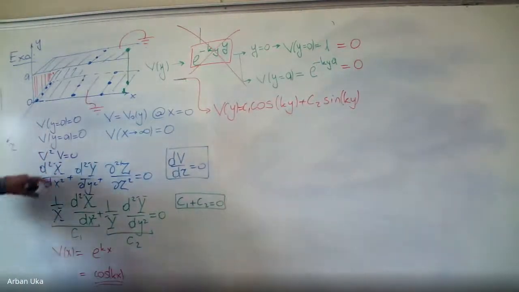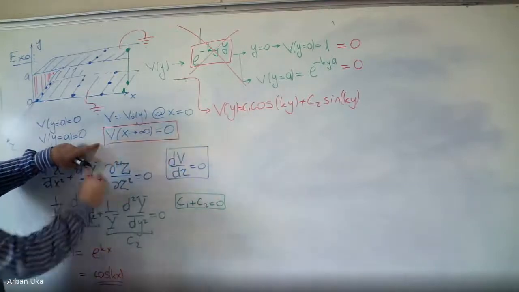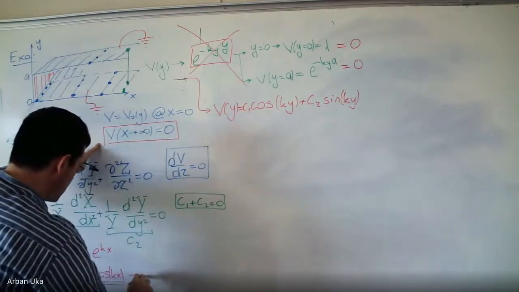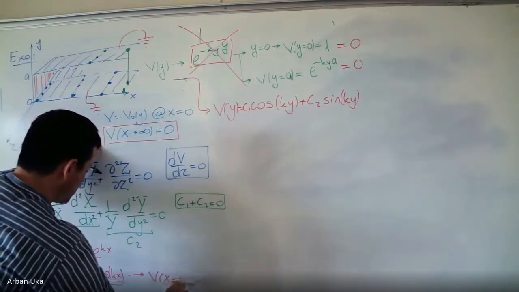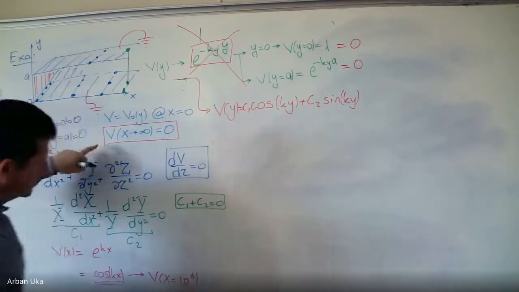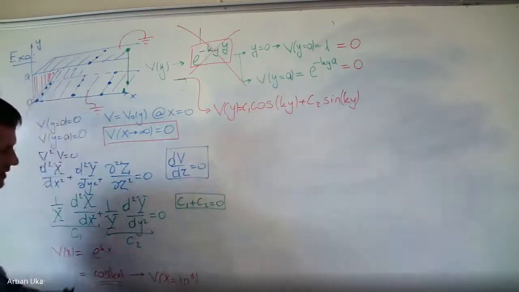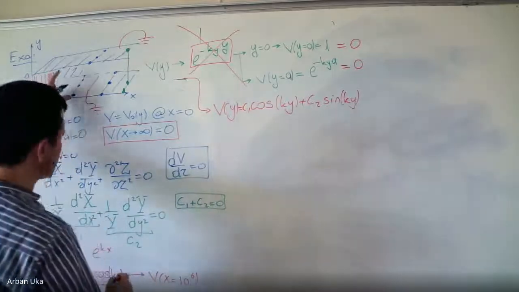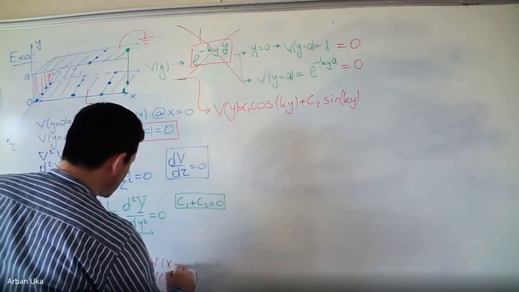And then let's use the boundary condition as a function of x, which means that the potential at x equal to 10 to the power 6, a large number, like infinity. 10 to the power 6 meters is infinite, depending on what the dimensions are here. Or you can write it like this, Vx equal to infinity.